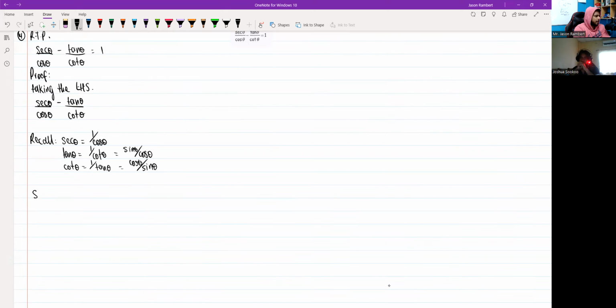So sec theta is 1 over cosine, so I'll have 1 over cosine divided by cosine theta. That is my first term. Agreed? I'm just doing this to make it visually easier for me down the road, because it's kind of difficult if I have 1 over cosine theta over cosine theta.